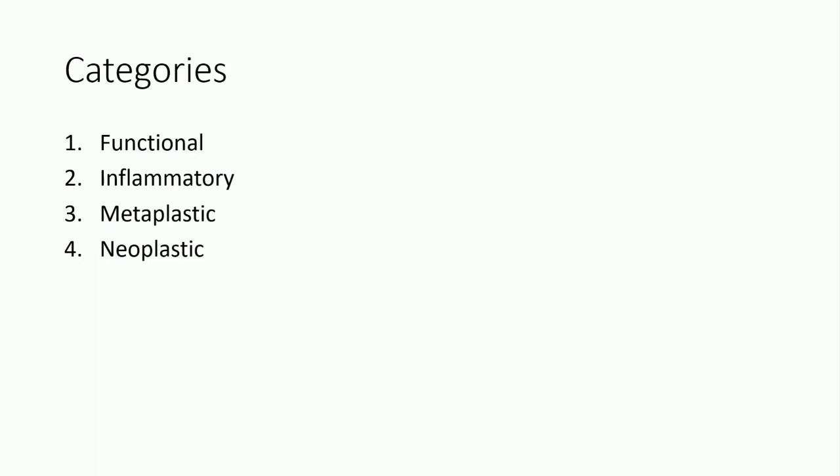Metaplastic means that due to a change of the tissue within the ovary, a kind of biological process, we know that due to metaplasia there will be a change of the ovarian tissue that can cause a metaplastic tumor. And the last one is the neoplastic, what we usually study as a tumor. It can be a benign one or a malignant one.